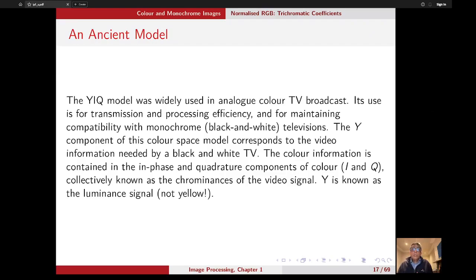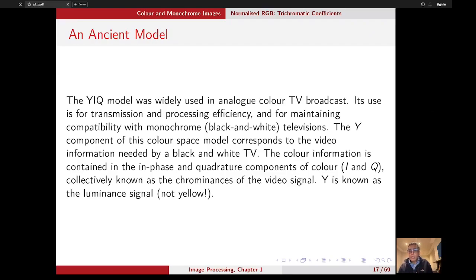So the YIQ model has been widely used in analog color TV broadcasting. In the early days of television broadcasting, the early televisions were achromatic, not really black and white, but really grayscale.